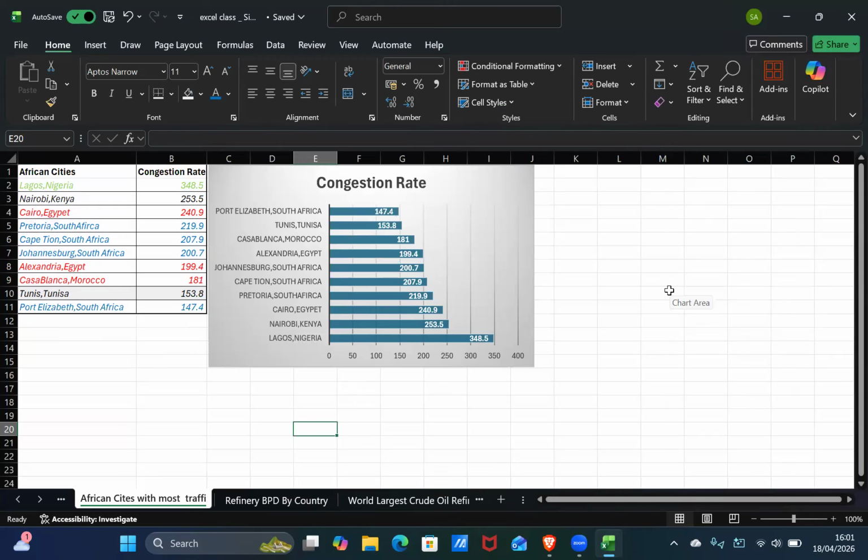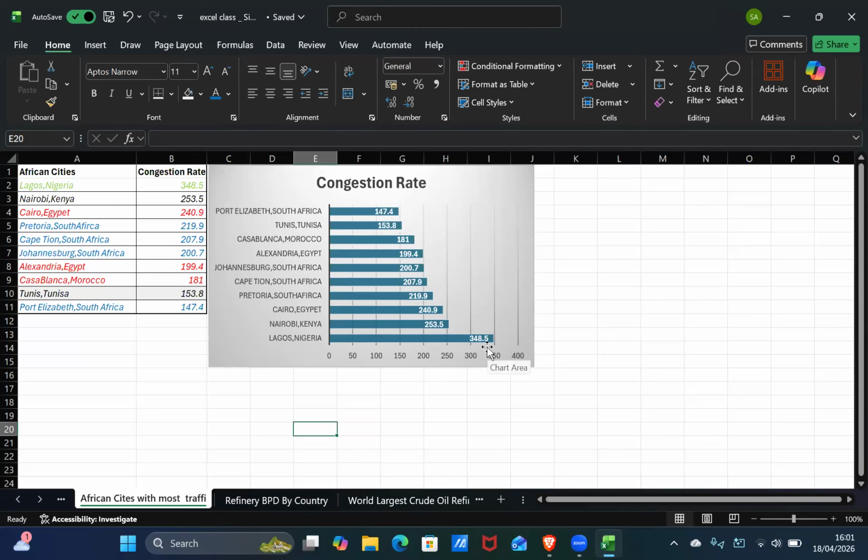So let's say you were to present this, who do you think this kind of data would be useful to? To politicians, or those road people, those who are in the streets, on the road.